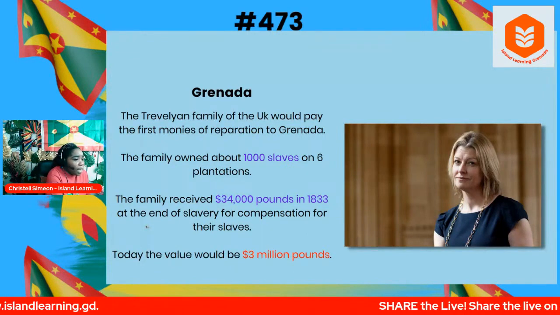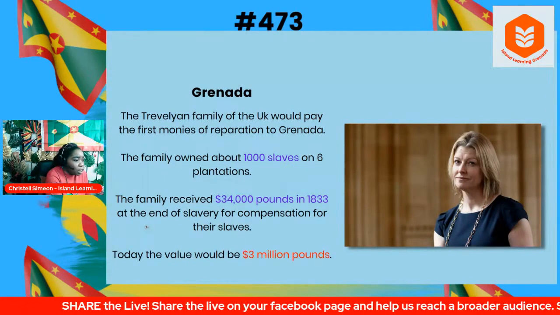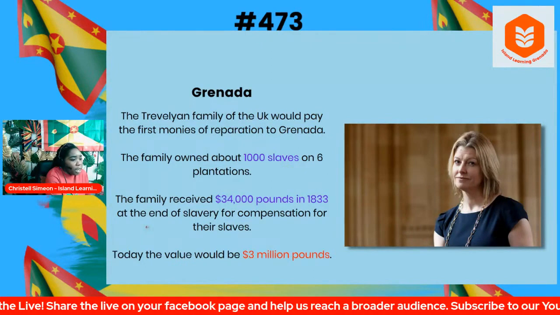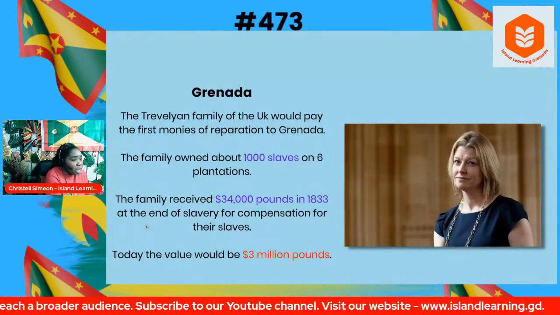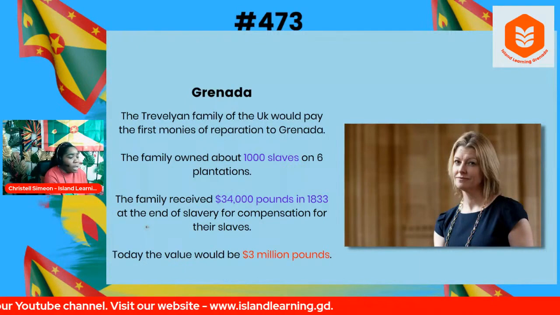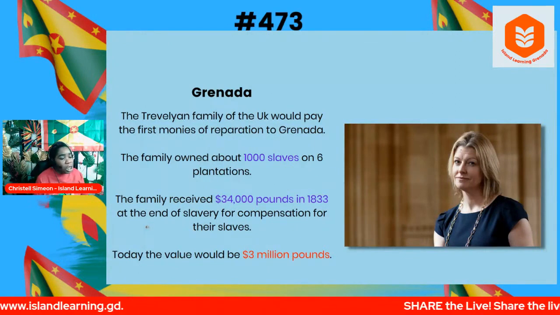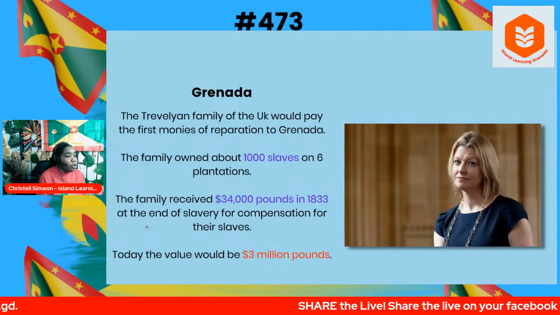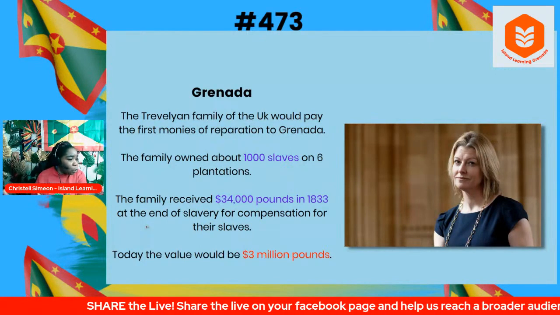When slavery ended, the act was passed in 1833 and freedom for slaves was achieved in 1834, and then eventually in 1838, the family received £34,000 from the government of Britain at the time as compensation for the slaves, because it was deemed loss of property. Slaves were considered property, and property rights went to their owners, who were the plantation owners.